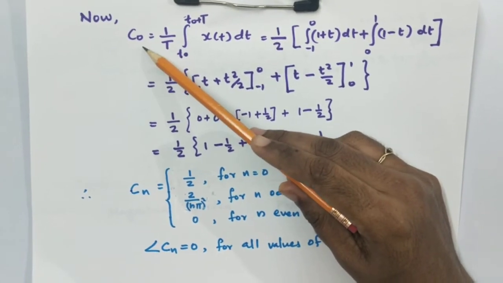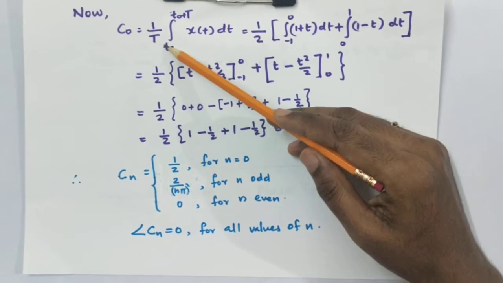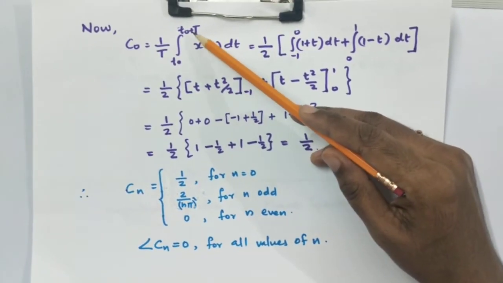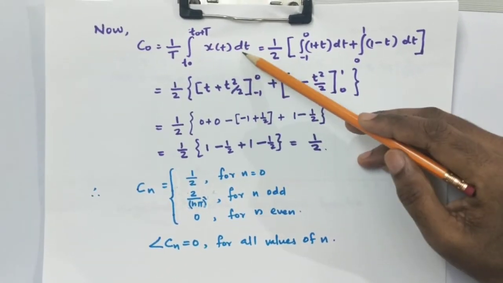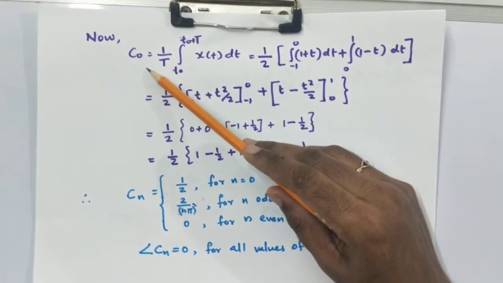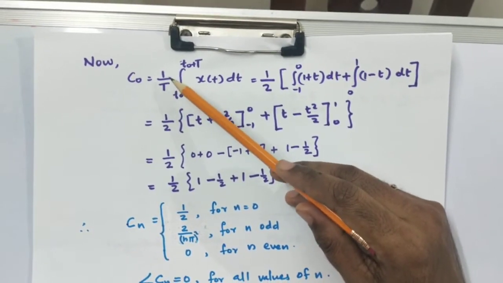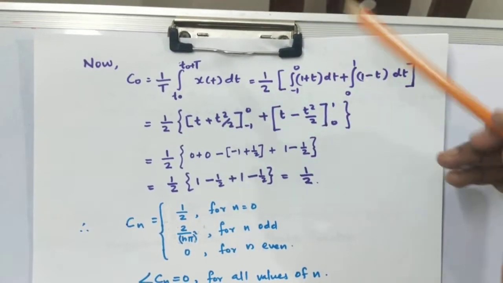Now we have to calculate C0. So that is 1 by T integral t0 to t0 plus T x of t dt. So we know that C0 is nothing but A0. We know the expression for A0, that is the average value, 1 by T integral x(t) dt.